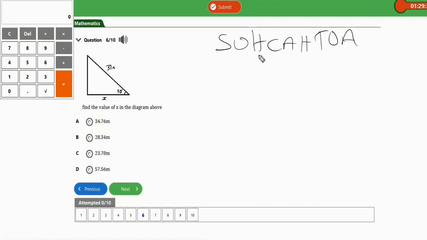For this acronym and the position of the values in this right angle triangle, this shows us that the part of the acronym we are going to use is the CAH, which is the cosine. So this will give us cos theta equals adjacent over hypotenuse.